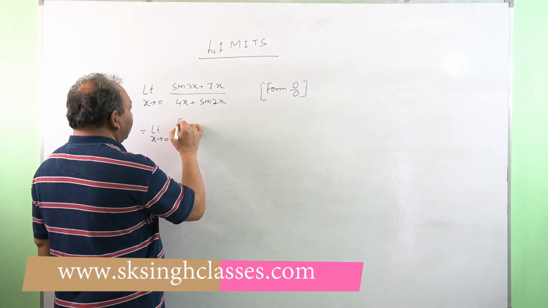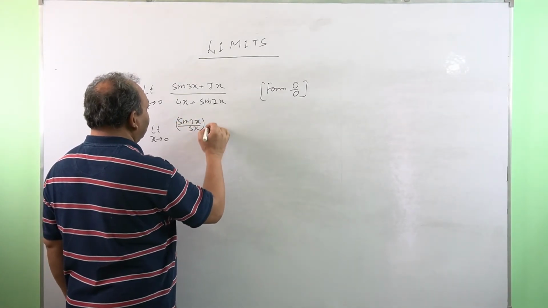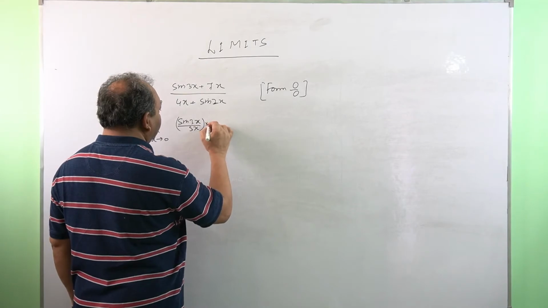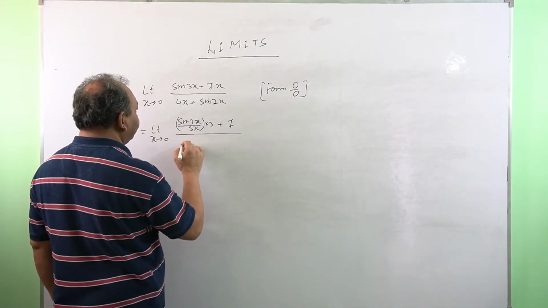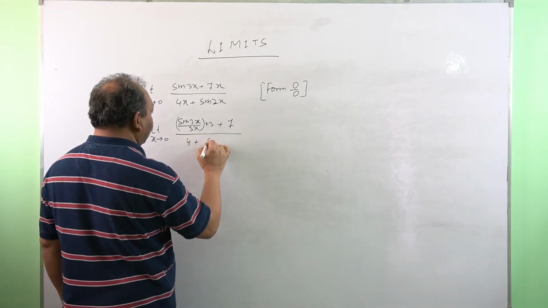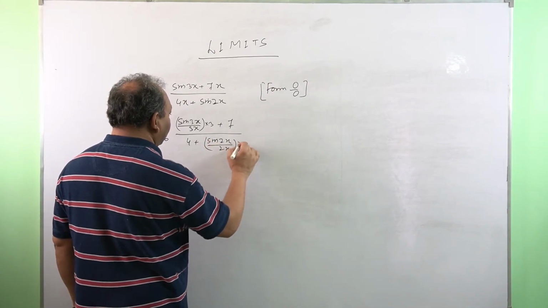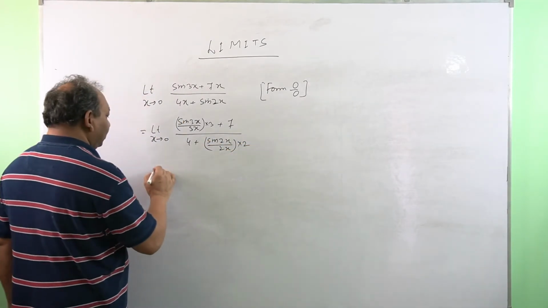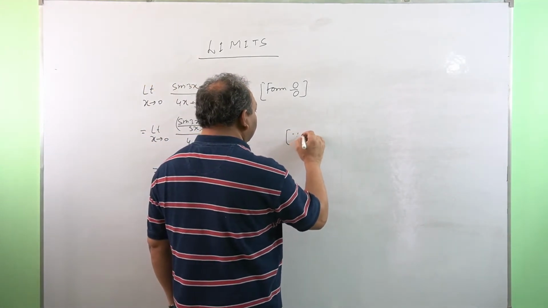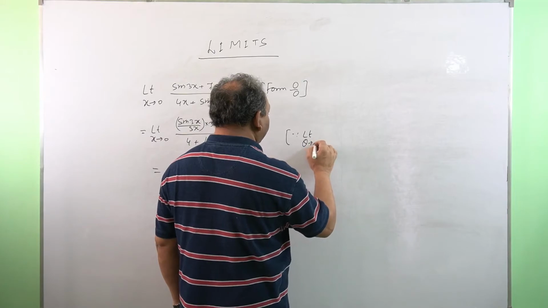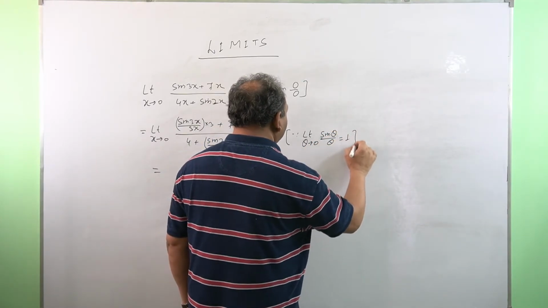So this becomes [sin 3x / 3x into 3 plus 7] divided by [4 plus sin 2x / 2x multiplied by 2]. And we know that limit θ tends to 0, sin θ by θ is equal to 1.